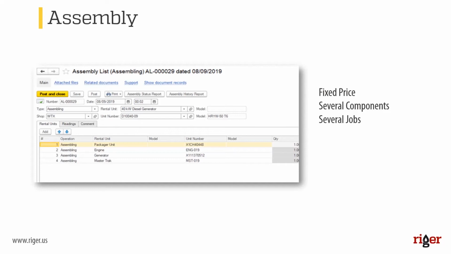The assembled unit has a fixed price and can be used in several jobs. After assembling it, you can use it in one job, and if it's not broken and doesn't require any part to be repaired or changed, you can deploy it to another job afterward.